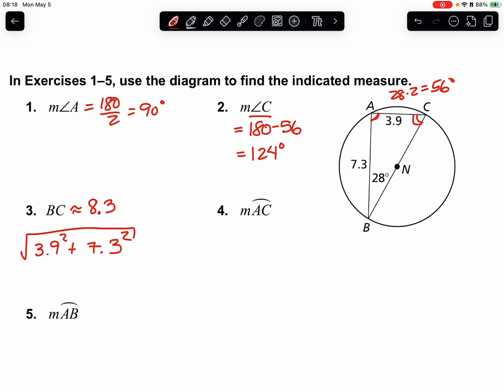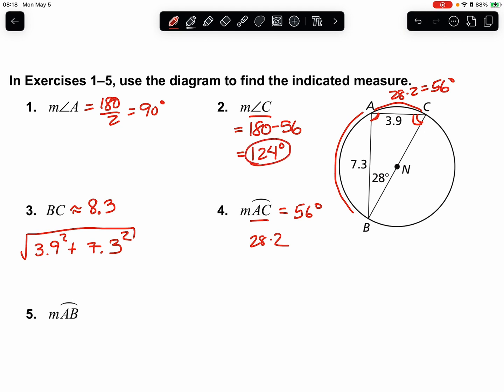And finally, or almost finally I should say, AC is an arc there. We already figured that out. That's 56 degrees because it's 28 times 2. And then the arc AB would be twice the measure of angle C. I forgot to divide this by 2.